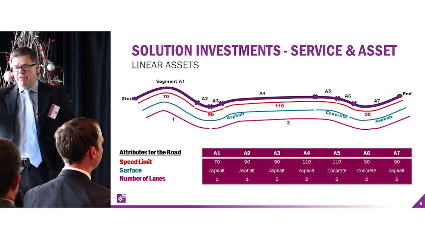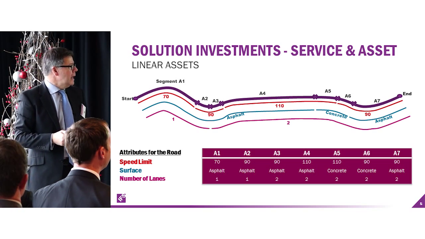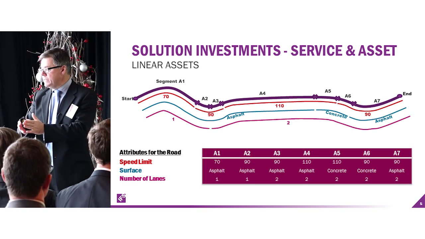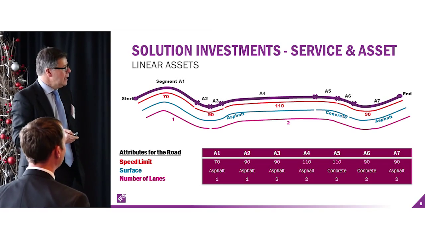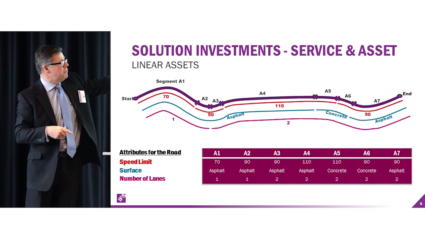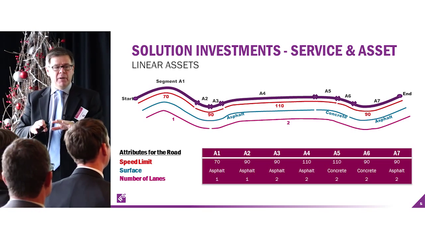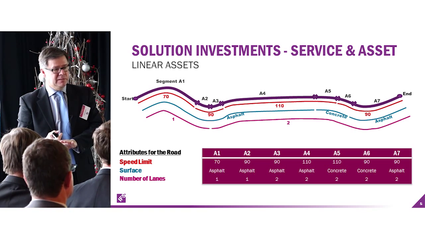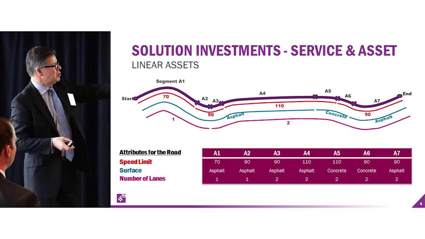Then you have a different surface for the road along its length, and different numbers of lanes, going from one lane to two lanes, back to one lane. This is quite a complex problem for an asset management system to manage, but we have built functionality that allows us to do all of this.